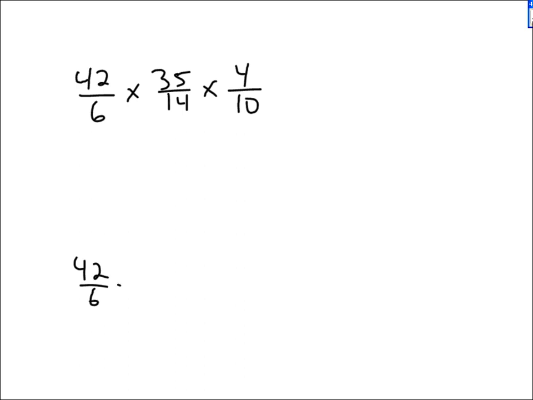You have 42 over 6, and you're multiplying this by 35 over 14, and you're multiplying that by 4 over 10. To do this problem, sometimes there can be as many as 10 different ways of doing it. One way is to say 6 goes into both of those numbers, 1 time and 7 times.